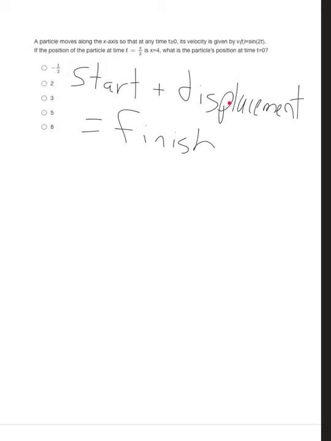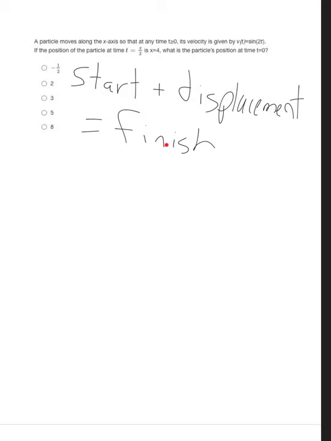Displacement is how far did you go from your starting position to your final position. So we're given the final position. At time pi over 2, the position is x equals 4. We need to know what is the initial position. So I just need to put the pieces in here. I need to figure out this and this.